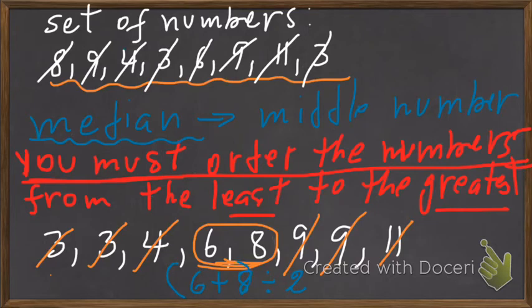Order of operations, that's right. So 6 plus 8 divided by 2 will give you 7. So 7 is the median of this set of numbers.